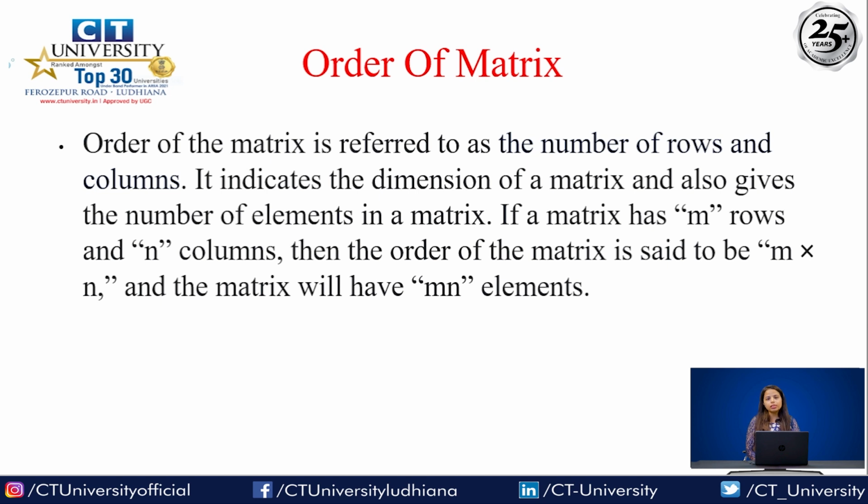Then you can write it is a 2 cross 3 type matrix, and its order is 2 cross 3. If you have to find how many elements are there in the matrix, then 2 multiplied by 3 is 6. It means that the number of elements in the given matrix is 6. So the order will be 2 cross 3 and the number of elements will be 6.